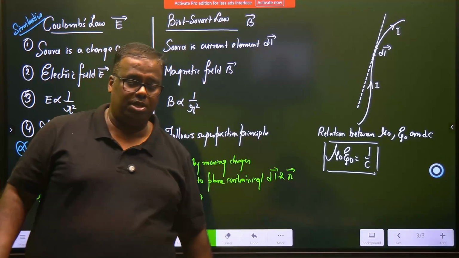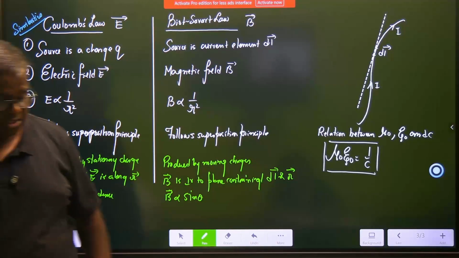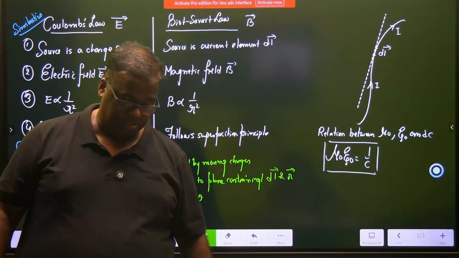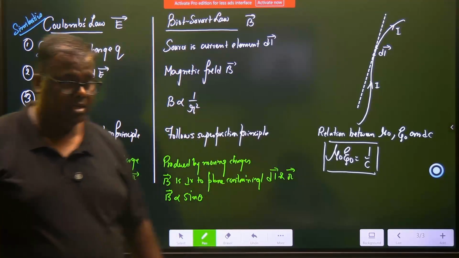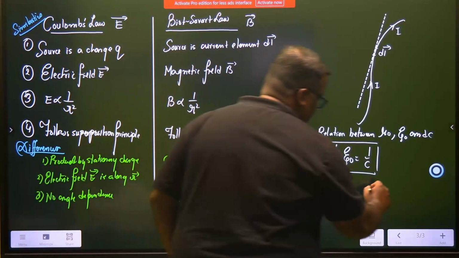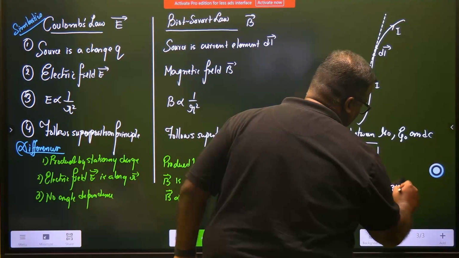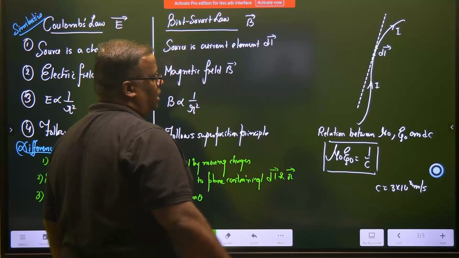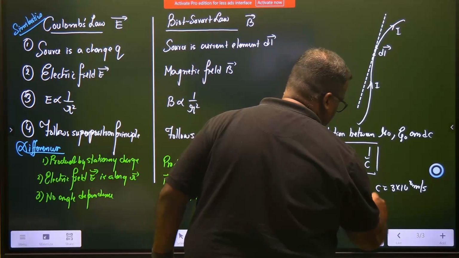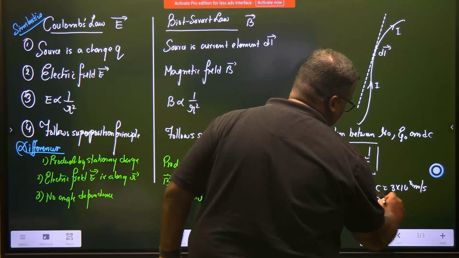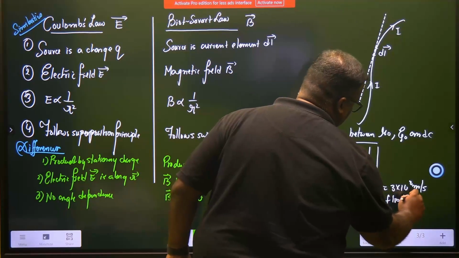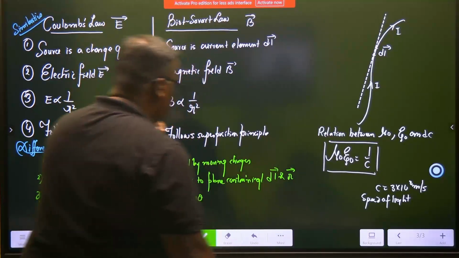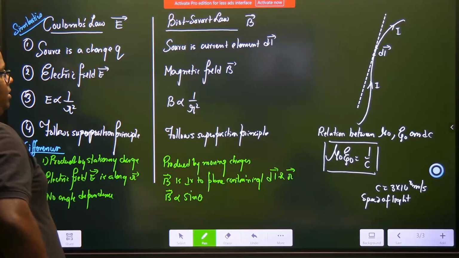Permittivity of free space multiplied by permeability of free space is the reciprocal of the square of the speed of light. And I hope you know the value of c: c is equal to 3 into 10 to the power 8 meters per second. That is the speed of light, or of any EM wave. This is actually later used in electromagnetism also. Clear?